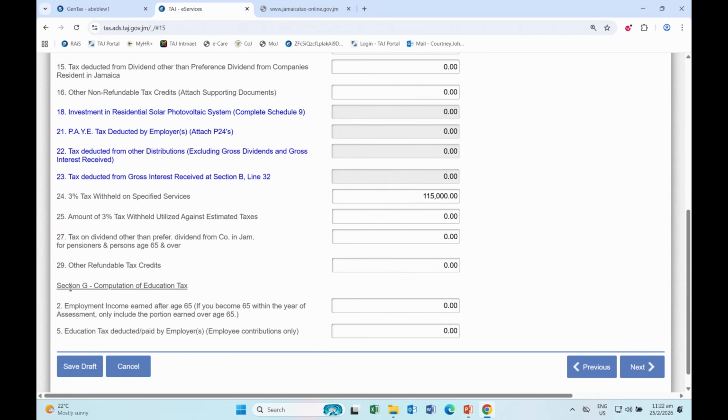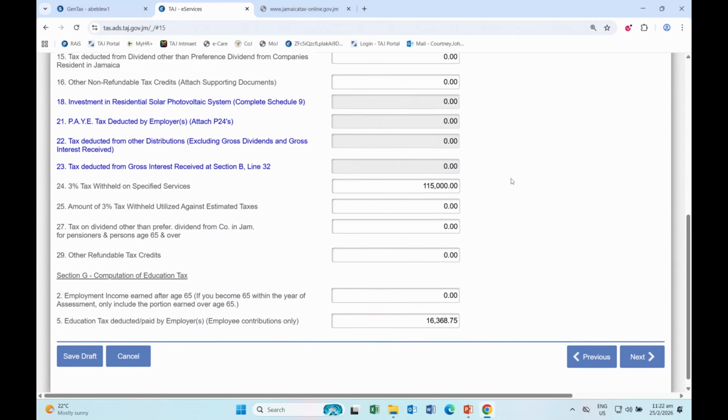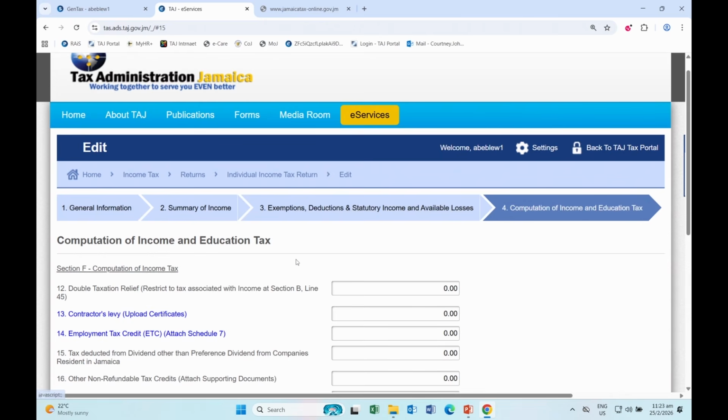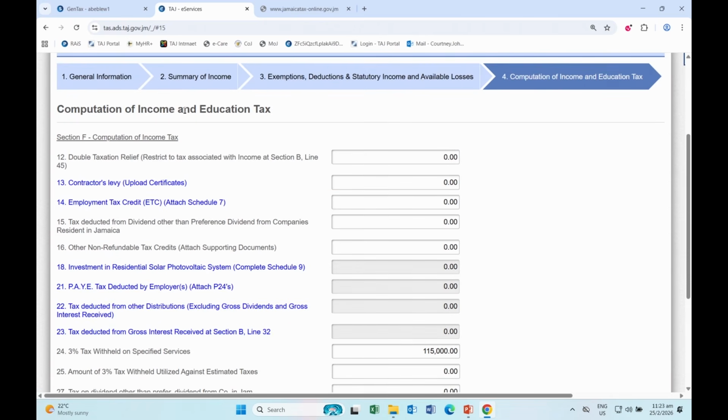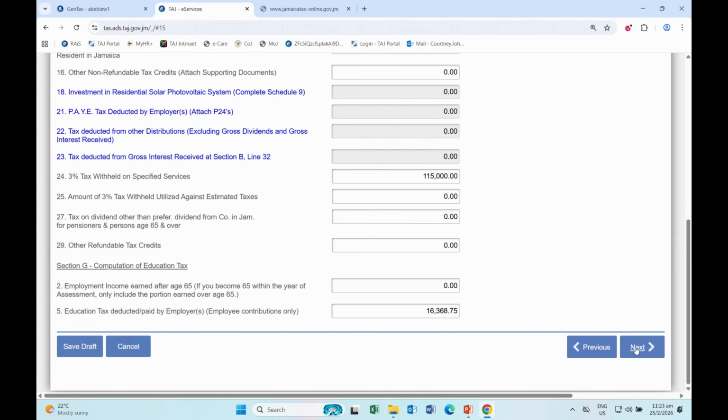We also had under section G that computes the education tax, line 5, that's the final line on this screen. It says education tax deducted, paid by employer, just for the employee's contribution. From the scenario, his education tax that was taken at his employment income is $16,368.75. Right. So we have captured information relative to the computation of the income tax and the education tax. So we can move to the next page.